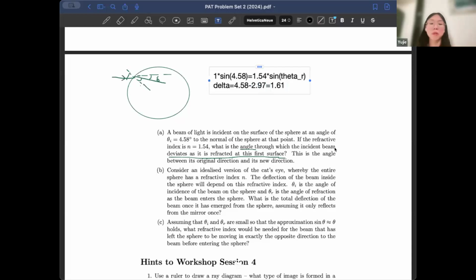Yeah, so 1.61 would be the angle of deviation when the light first enters the glass. Okay.